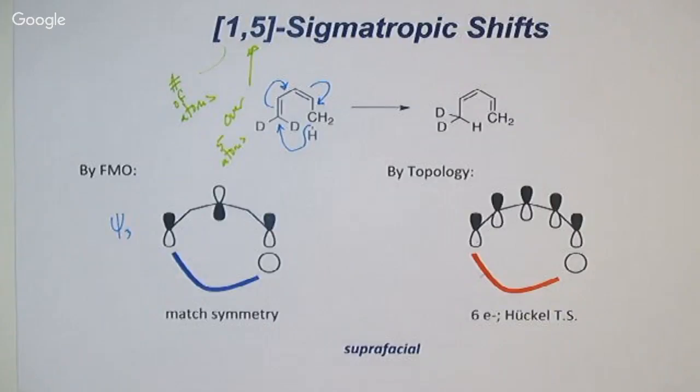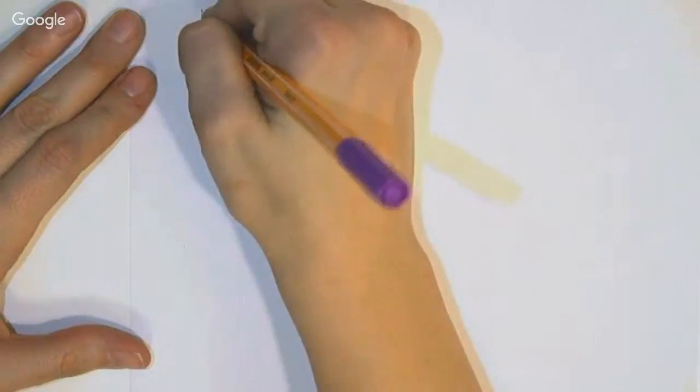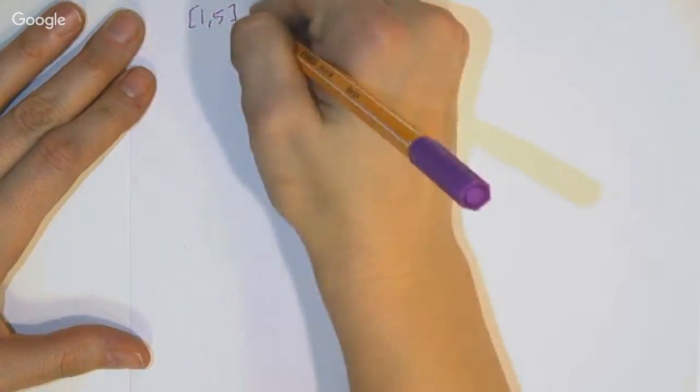All right. What else do we want to say about this? That's great for a hydrogen, but what if we wanted to move something bigger? What if we wanted to move a whole alkyl group? All right. Recognizing that if we had, I'm going to do this by topology, a 1,5 alkyl shift.